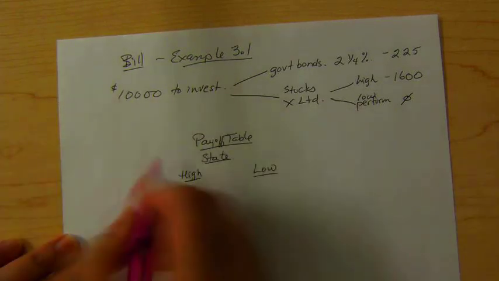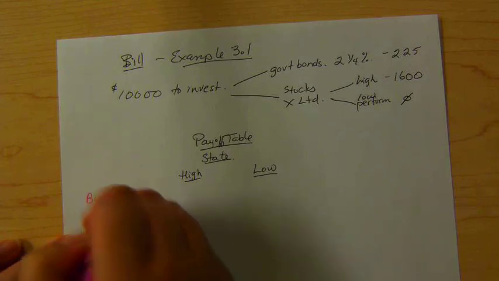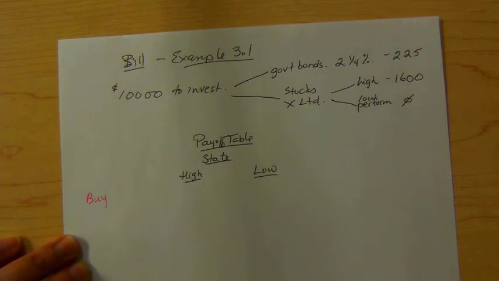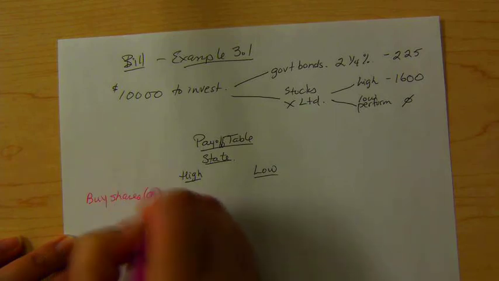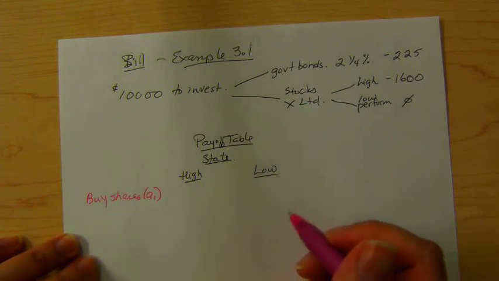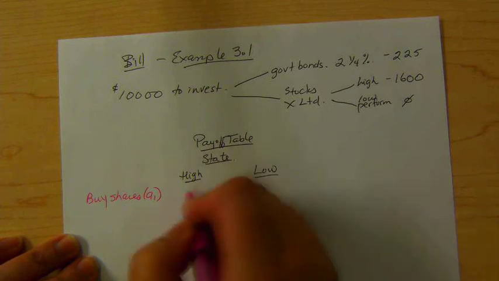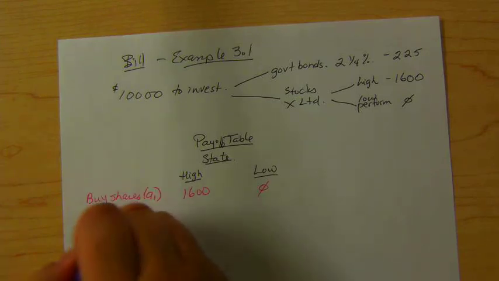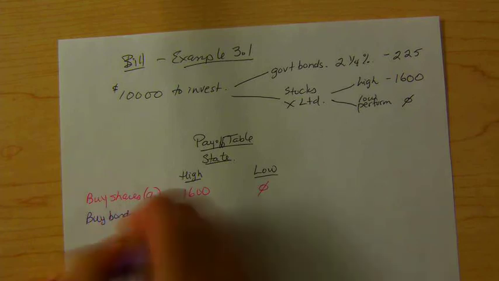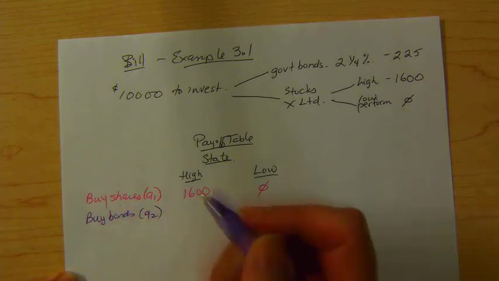And we're going to do buy shares first, which we're going to call decision A1. And the high is going to be 1,600, the low is going to be 0. Or we're going to buy the bonds, A2.